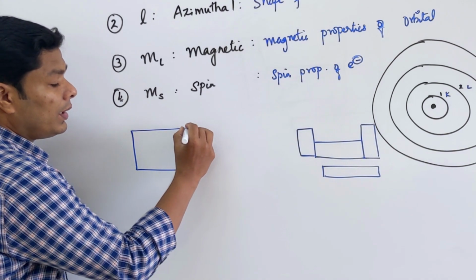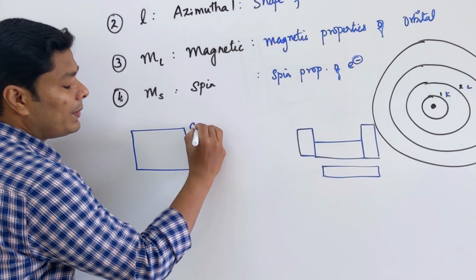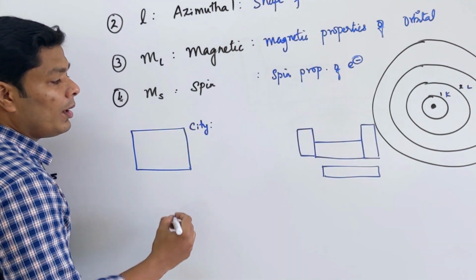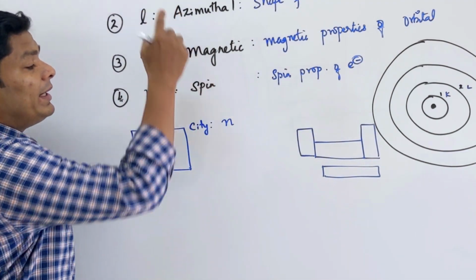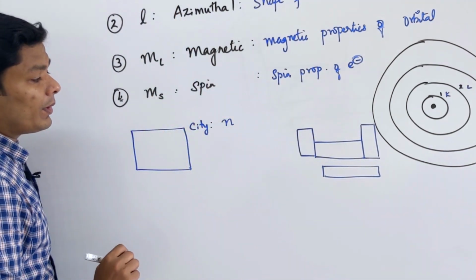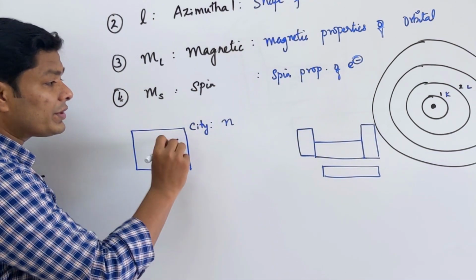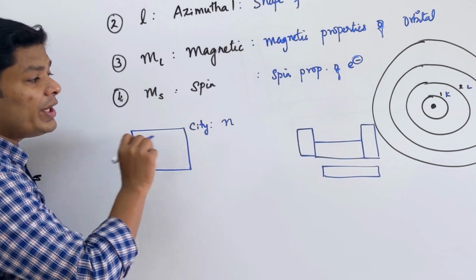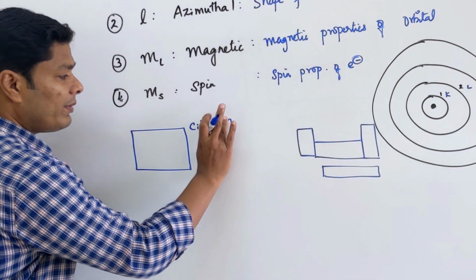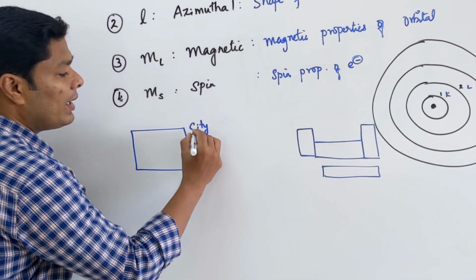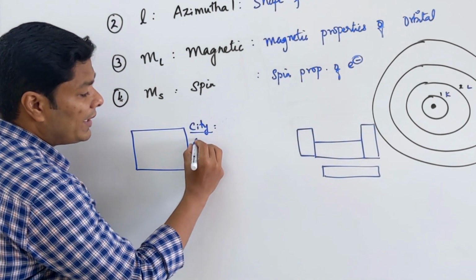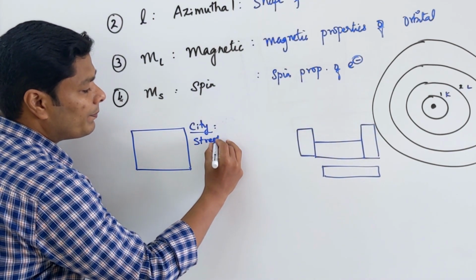Now let's say the city is your principal quantum number. It tells you which city you are in. Then next, in the city, which street you are in. Okay, I know my city, I need to know which street I am in.